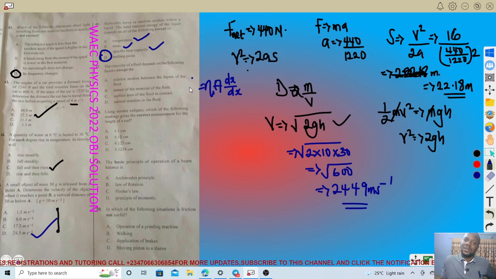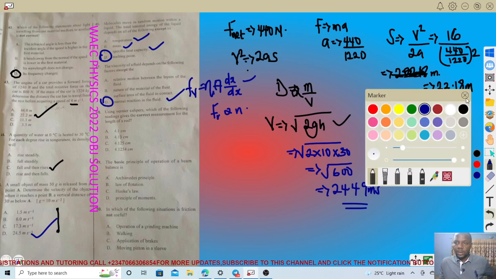This is what affects viscous force. Viscosity does not depend on normal reaction, but friction depends on normal reaction. You have learned that in your junior classes.